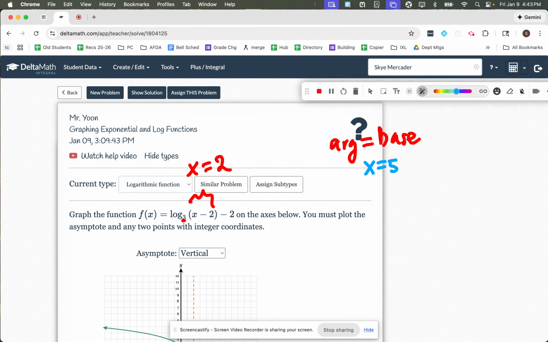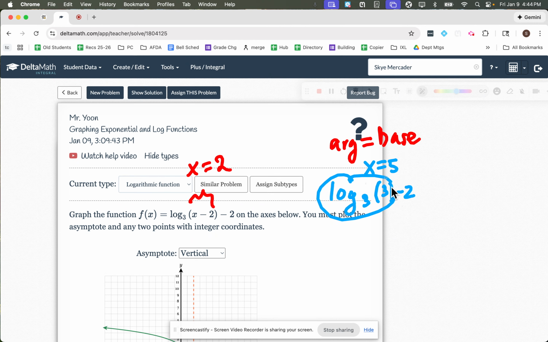And if x equals 5, and we plug that in, we're getting log base 3 of 5 minus 2, which is 3, minus 2. That's our y. Well, log base 3 of 3, what is this? It's 1. Base the same as the argument. 1 minus 2. So our y is going to be -1. So let's plot that.